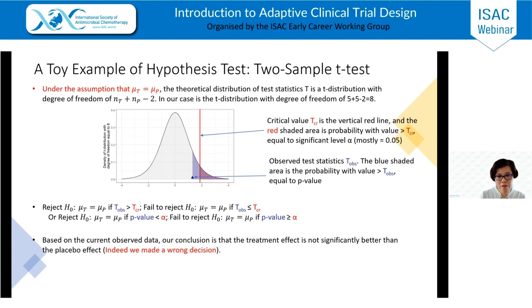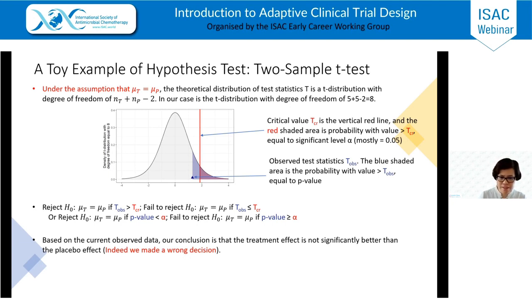The blue triangle is the observed test statistic, and the shaded blue area to the right of that point is the p-value we calculated.